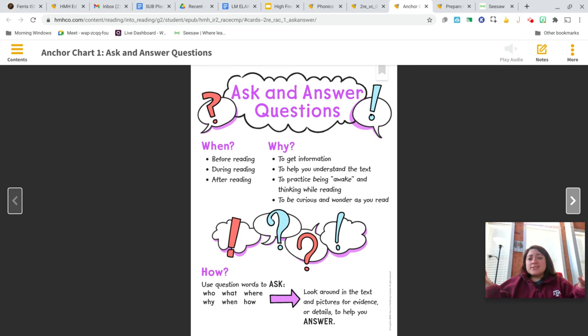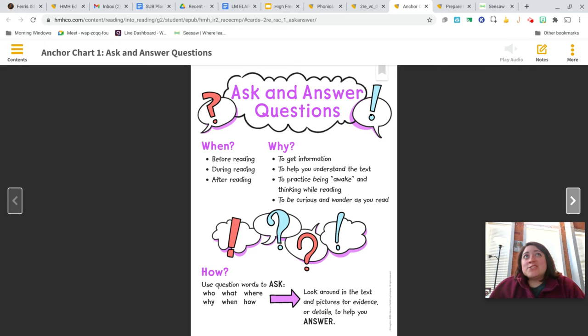How do we ask these questions? Sometimes it's confusing. So it says use question words to ask. So these are some good ones. Who, what, where, why, when, and how. So these are some starters. So I wonder who. So let's see what it says.